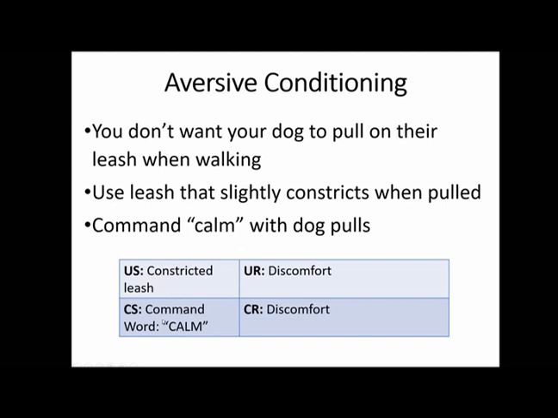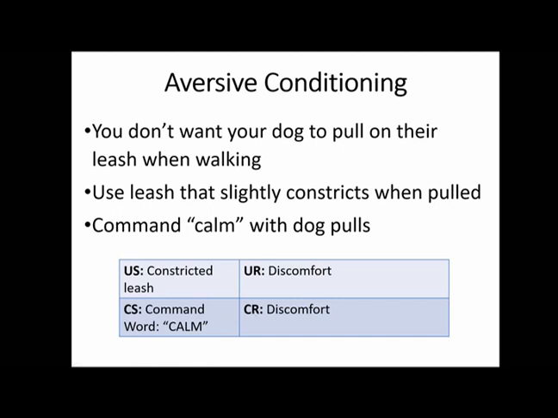So just saying calm could make them feel uncomfortable and stop pulling. So you form an association here and get them to have that response of discomfort in response to your conditioned stimulus.